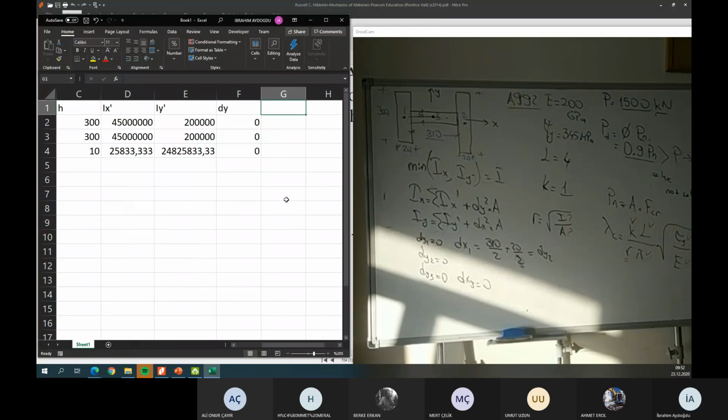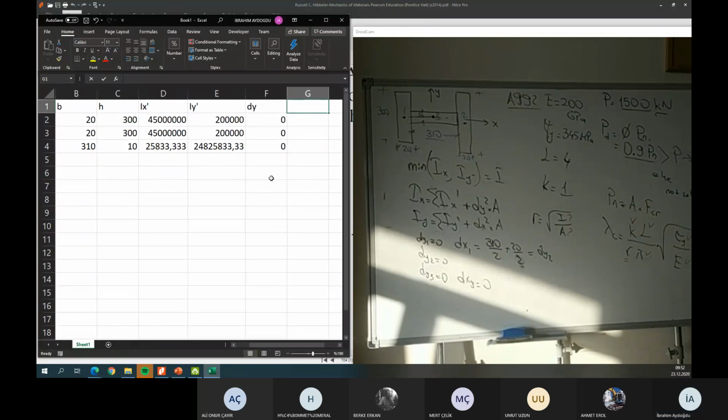And also I need to write the dx. dx of the first part is 310 divided by 2 plus 20 divided by 2, and that is 165. Similarly, dx2 and dx3 are equal to 0. Okay, so I have found all the information.